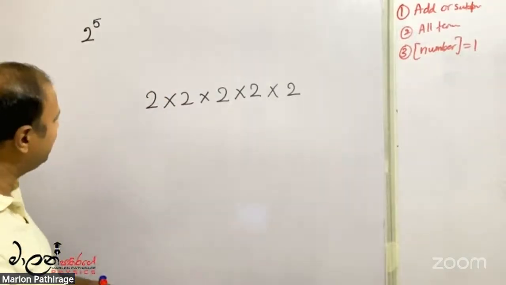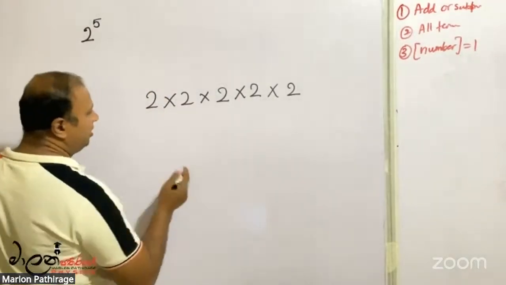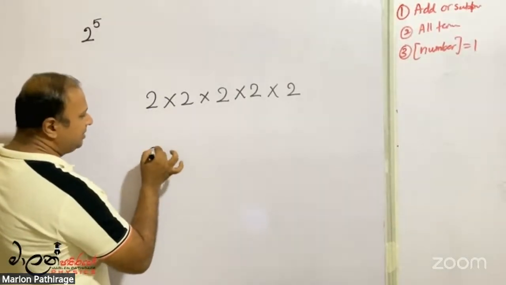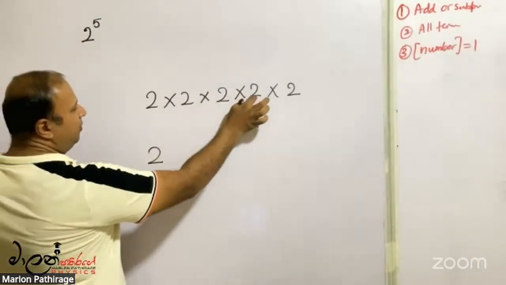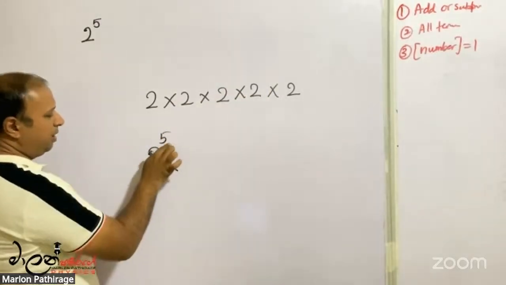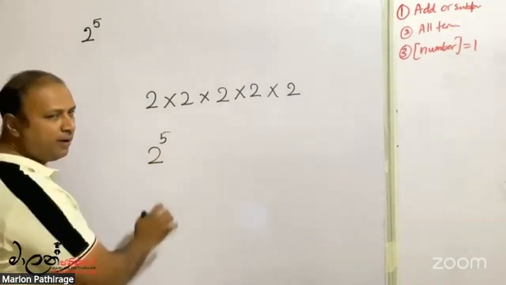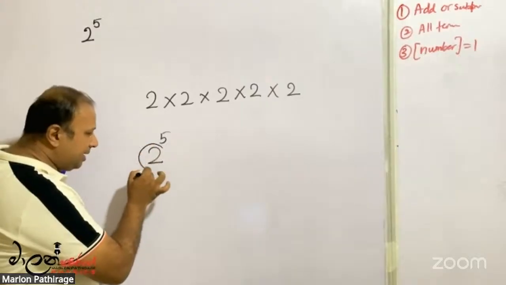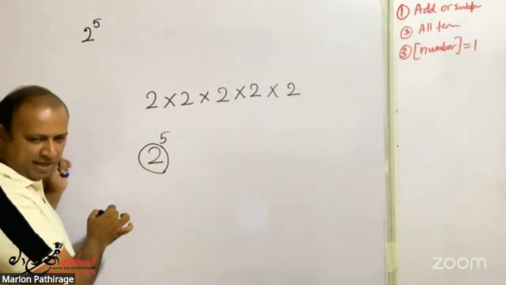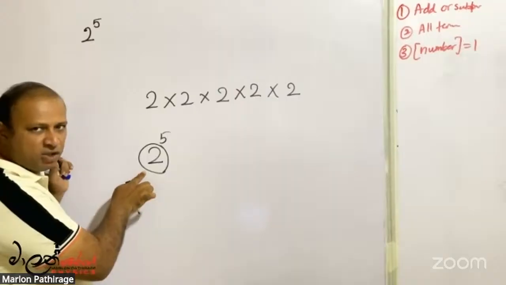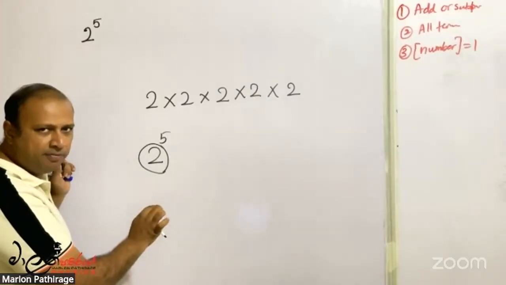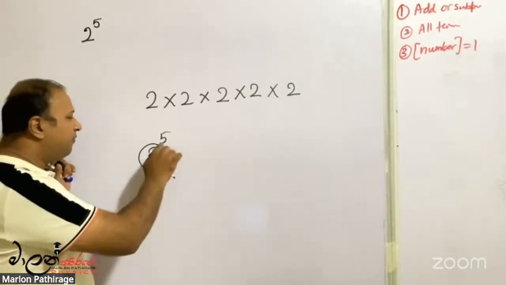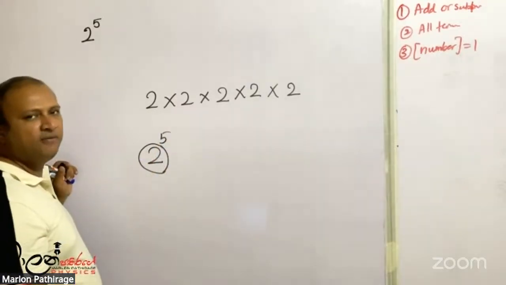So in that case, we represent this multiplication using an index. This can be written as, there are 1, 2, 3, 4, 5, 2 to the power 5. Therefore, 2 to the power 5 means this number, which we call the base, is multiplied by its own value 5 times.